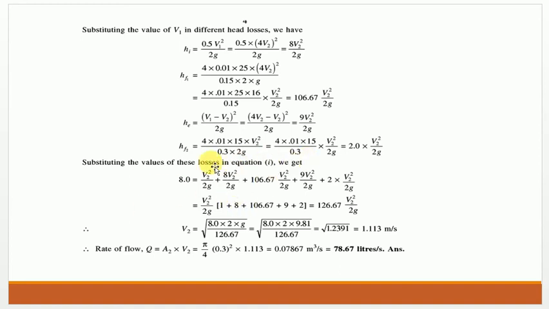So 8 will be equal to V2 squared by 2G plus 8 V2 squared by 2G plus 106 V2 squared by 2G plus 9 V2 squared by 2G plus 2 V2 squared by 2G.